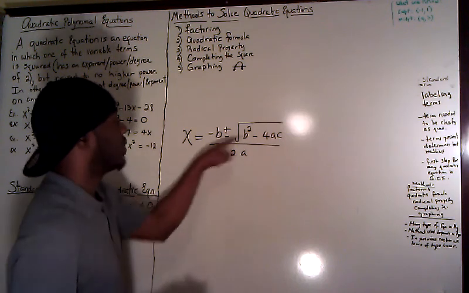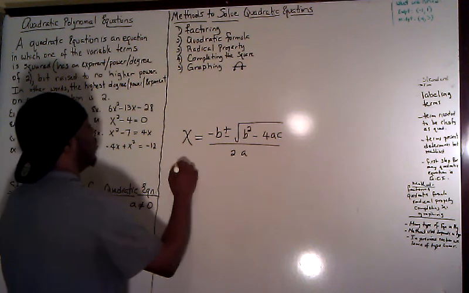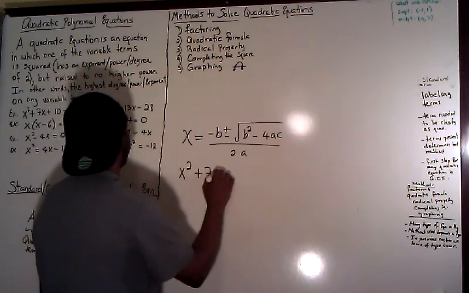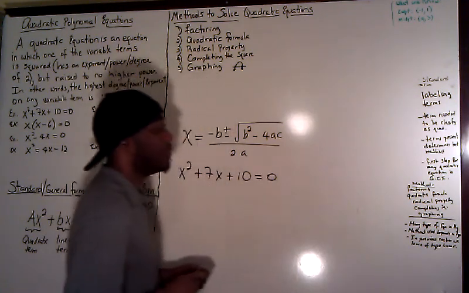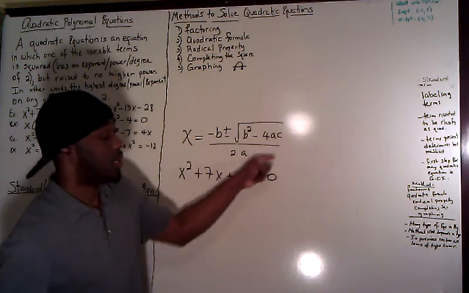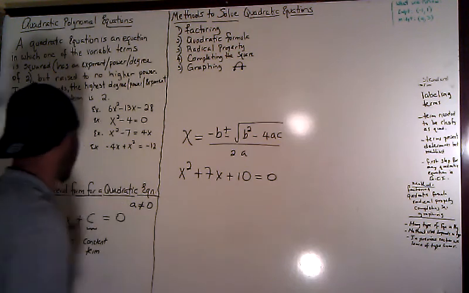So let's show how this formula is used. Let's say, for instance, we have the equation x squared plus 7x plus 10 equals 0. The key before you can use this particular formula is to ensure that the equation is written in standard form.